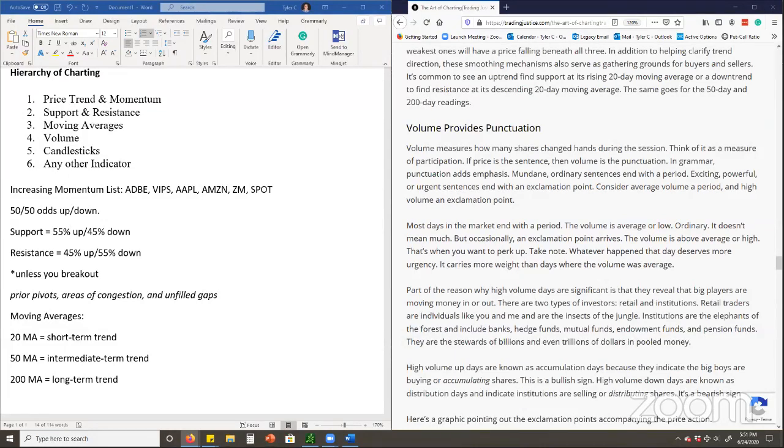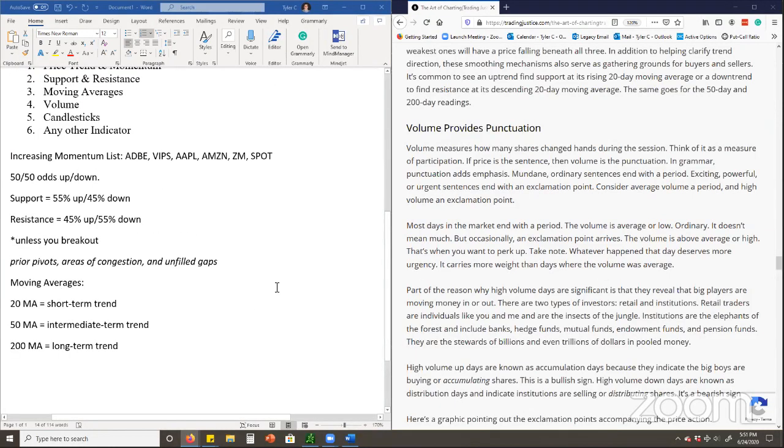When you look at volume, that tells you who's participating. High volume days suggest the big boys are moving money. Normal volume, low volume, the big boys aren't doing as much, or at least it's not as urgent. So high volume up days indicate institutions are coming in, buying, accumulating shares. High volume down days suggest that they're distributing shares.